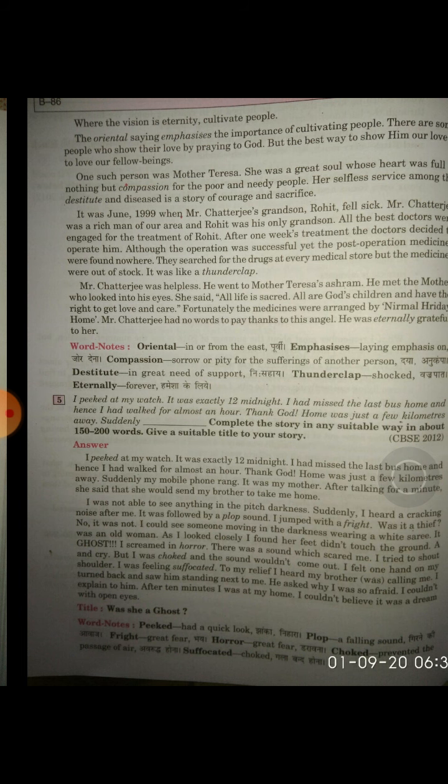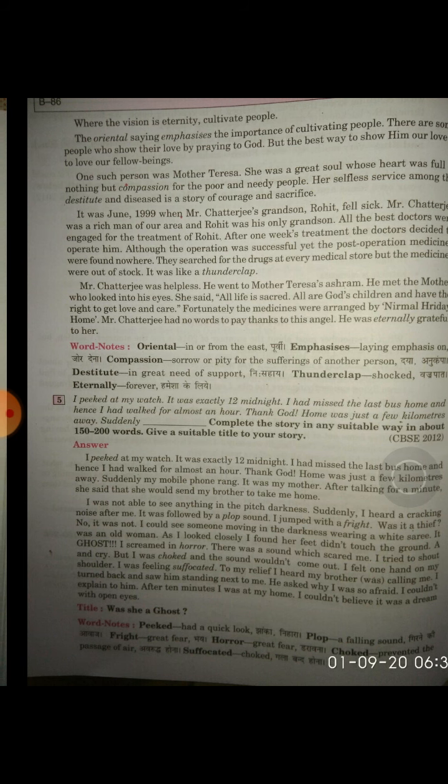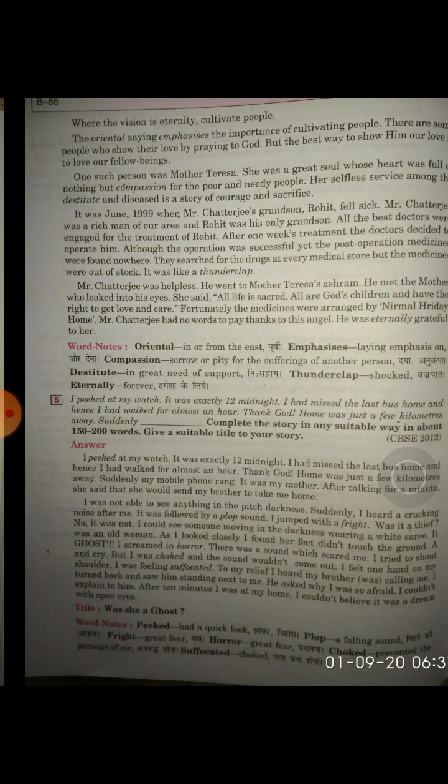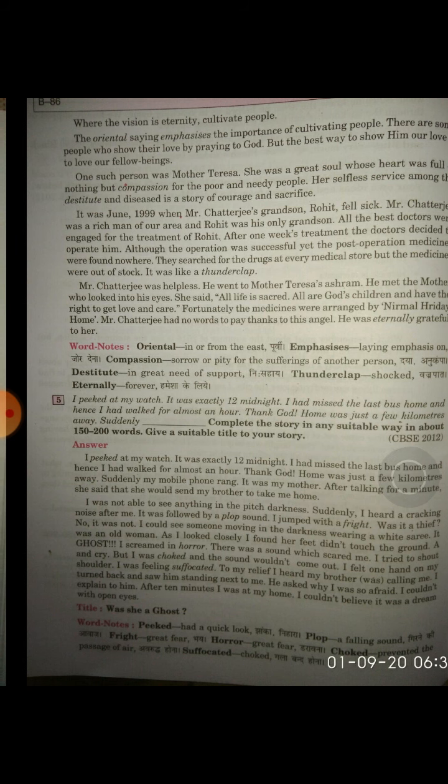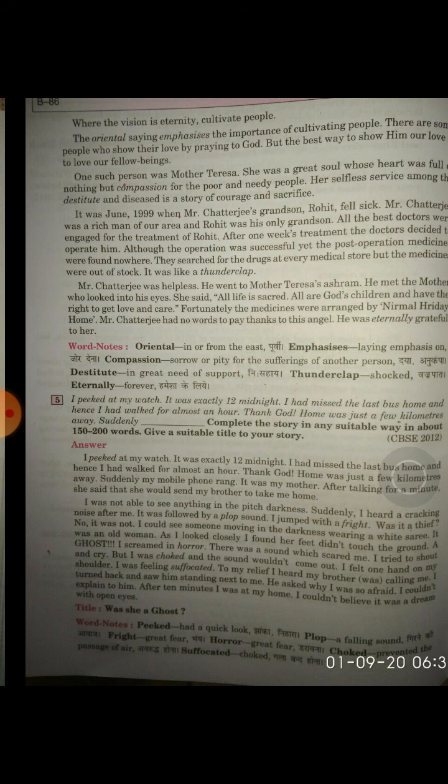Dear children, it is clear to you that you have to write the story in 150 to 200 words. Second thing is that you have to give a title to your story.